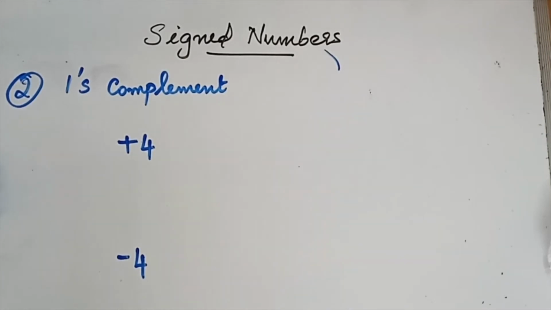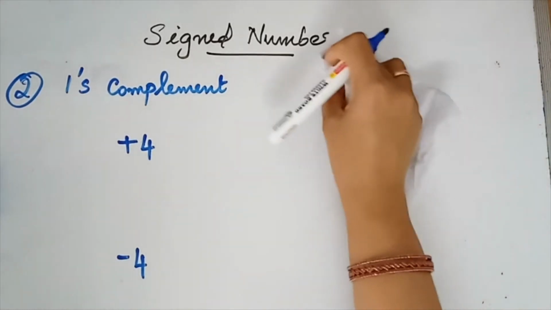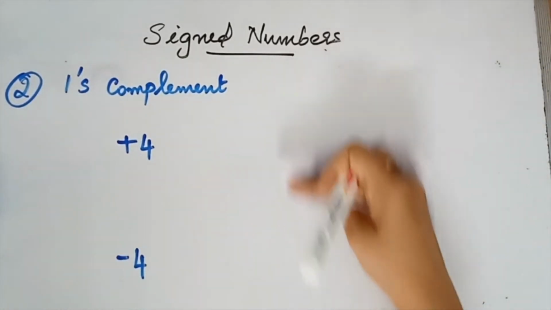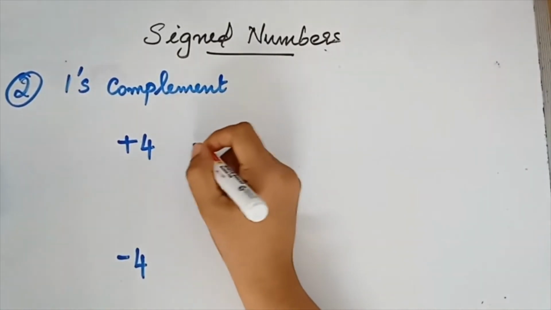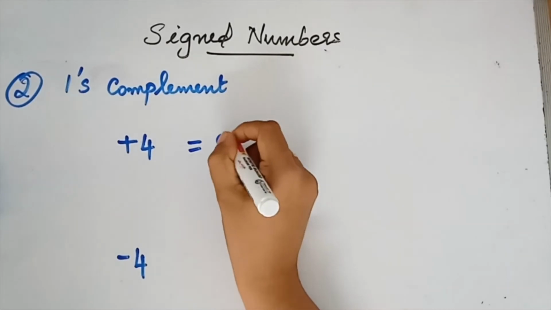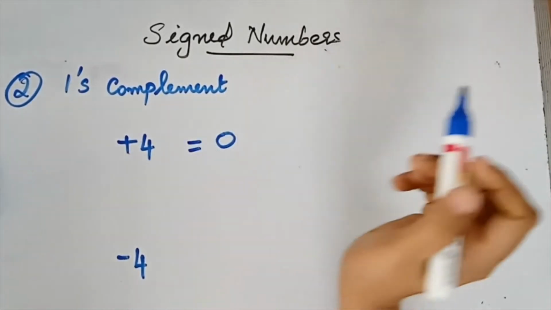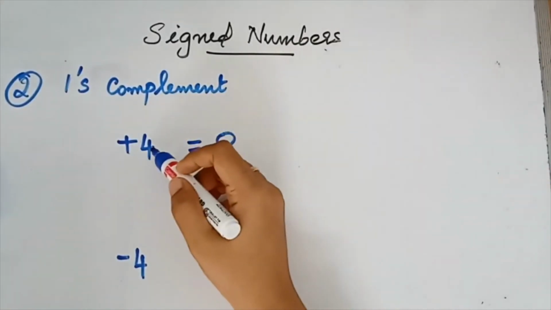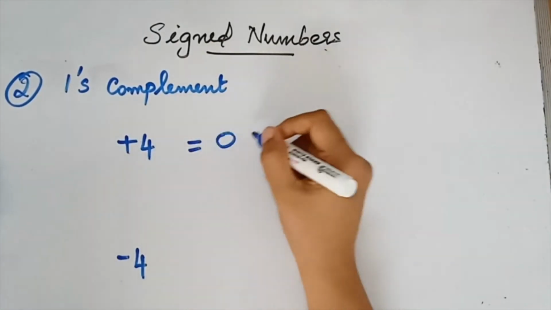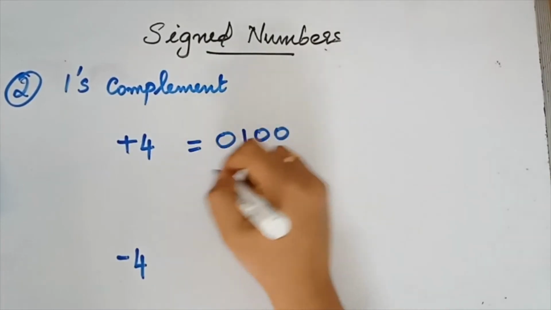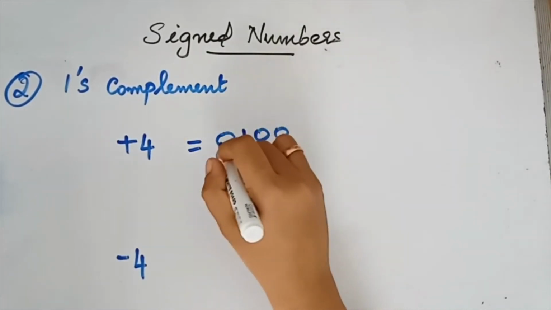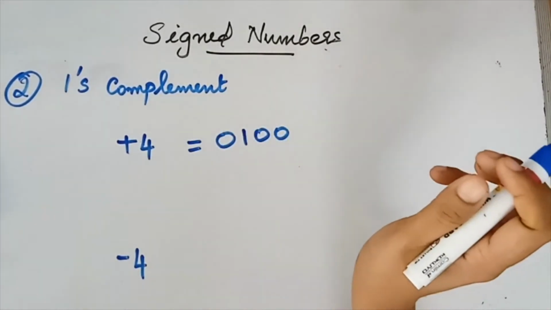We know that in a signed number representation, you will always have a sign bit, which is the leftmost bit. In the case of plus 4, the leftmost bit will be 0 since it is a positive number. Now 4 is 100. So this is the signed number representation of plus 4.